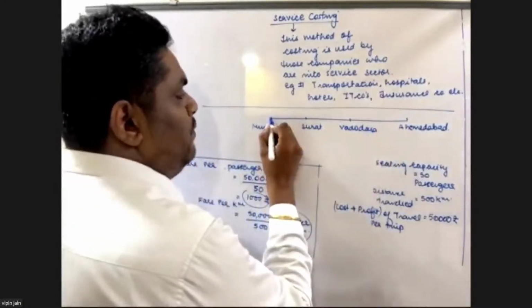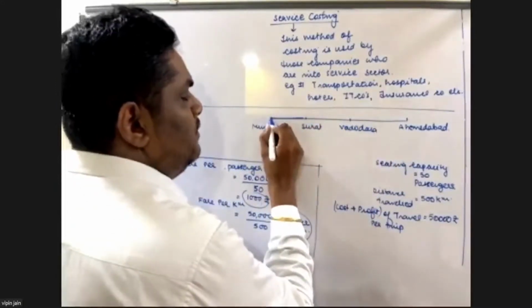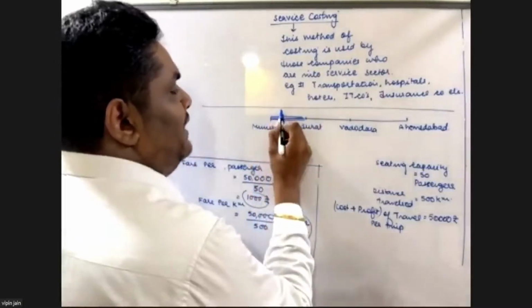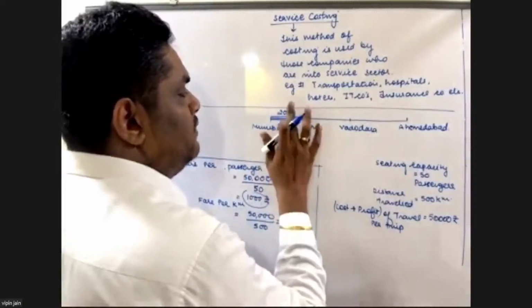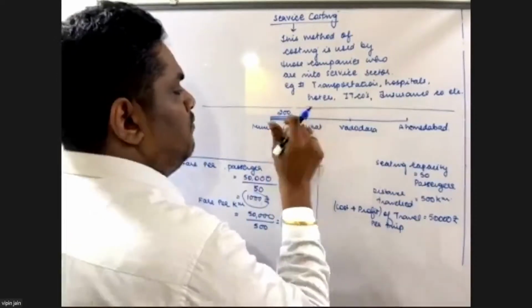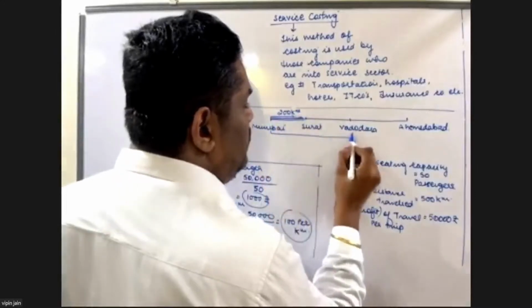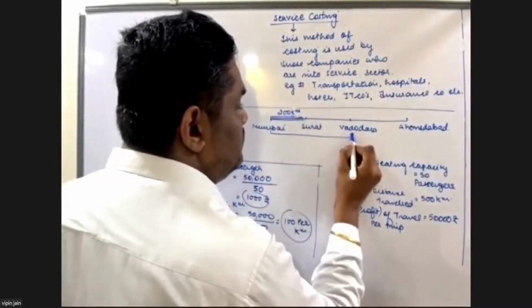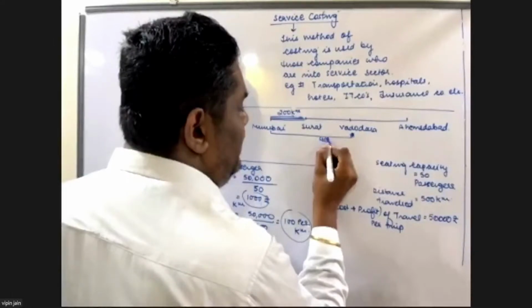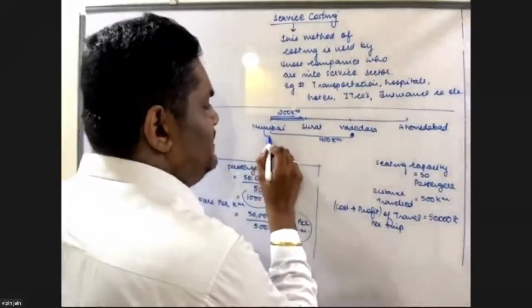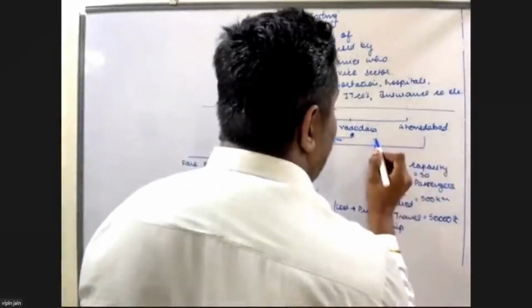The distance from Mumbai to Surat is, let's say, 200 kilometers. Mumbai to Vadodara is 400 kilometers. And Mumbai to Ahmedabad, as I said, is 500.